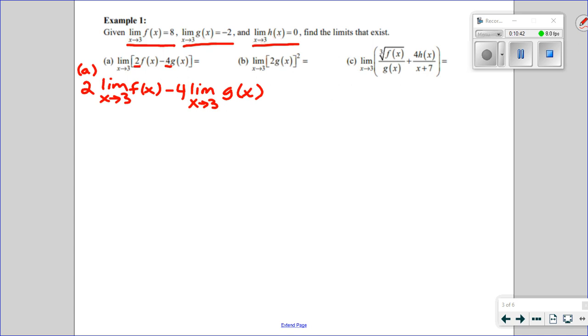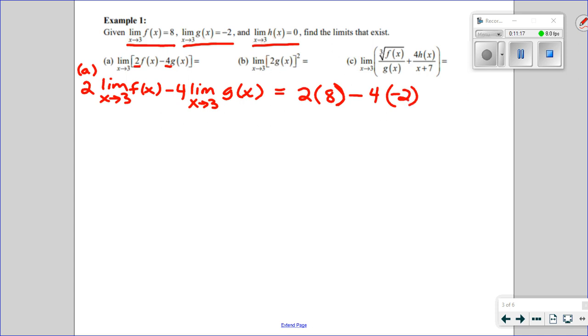Using the properties allowed me to put that limit notation just in front of both functions, okay? And keep in mind that they tell us what these limits are equal to. So from here, we're just substituting. I know the limit as x approaches 3 of f of x equals 8. So I will substitute 8 in place of that limit, minus 4 times, and I know the limit as x approaches 3 of g of x equals -2.